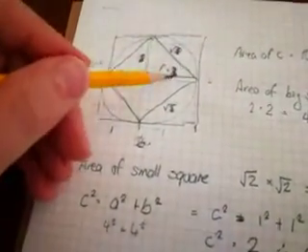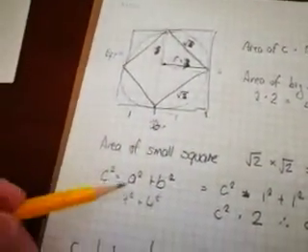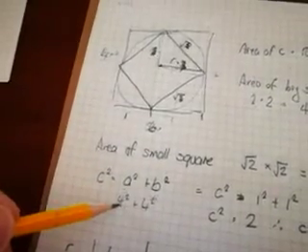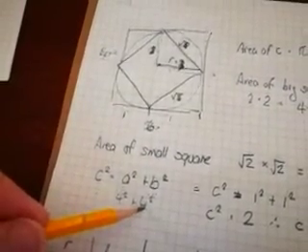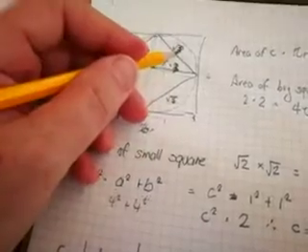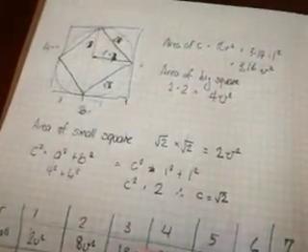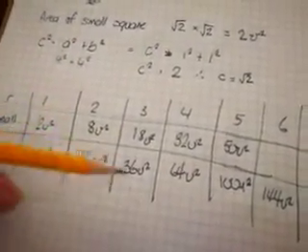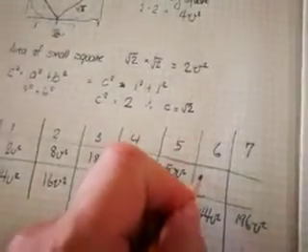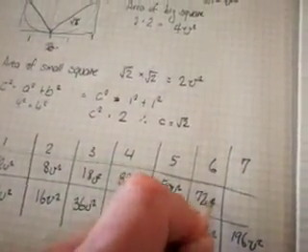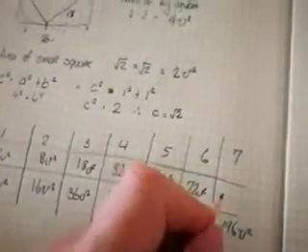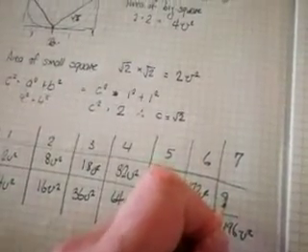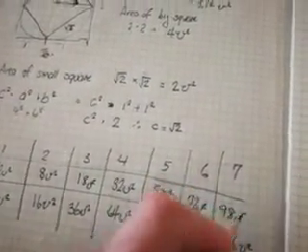If this here was 5, using the Pythagoras rule, 5 squared plus 5 squared, 25 plus 25 is 50, so it'd be the square root of 50 times the square root of 50, which is 50. So you're looking at the relationship, that's half in each of these particular ones. So half of 144 is 72, and half of 196 is 98 units squared.